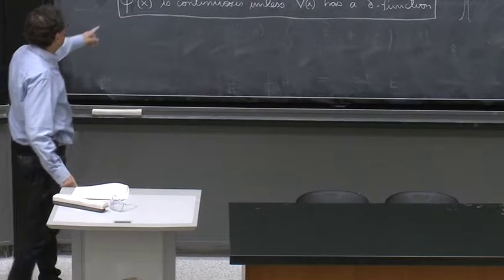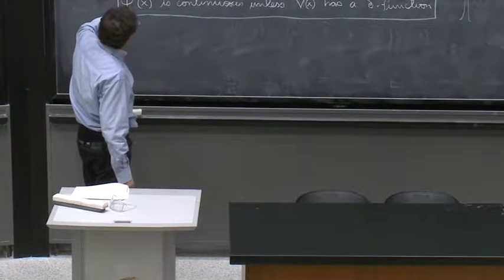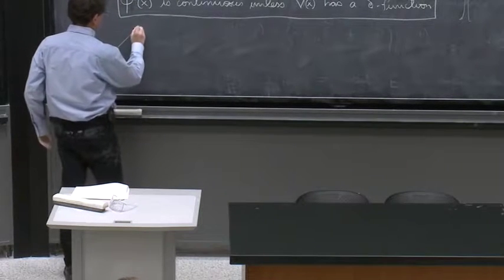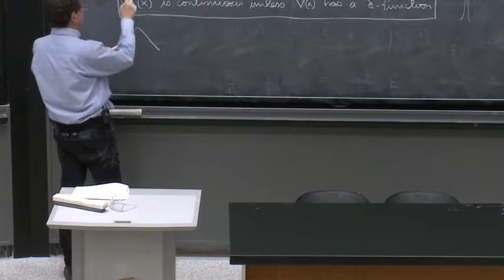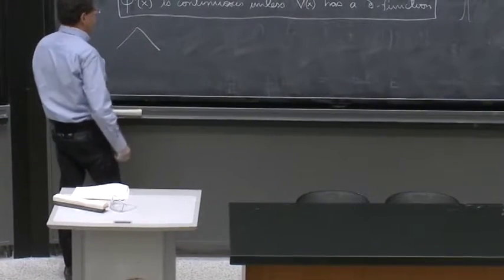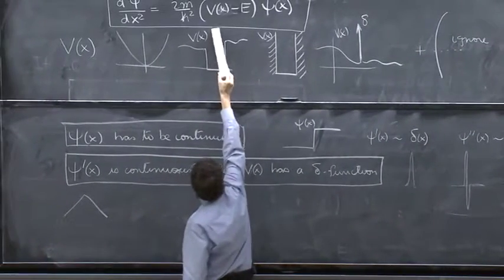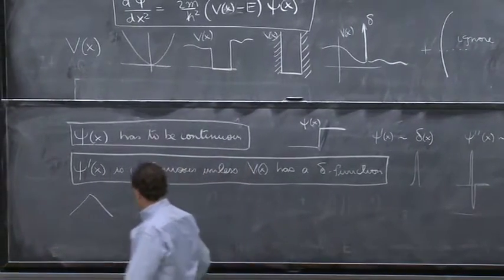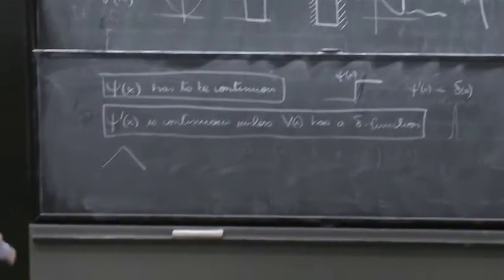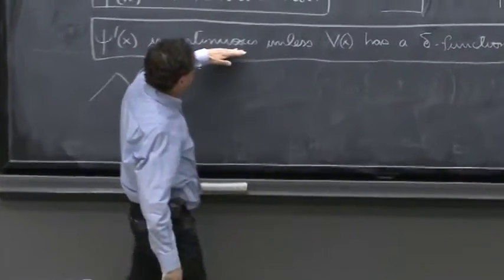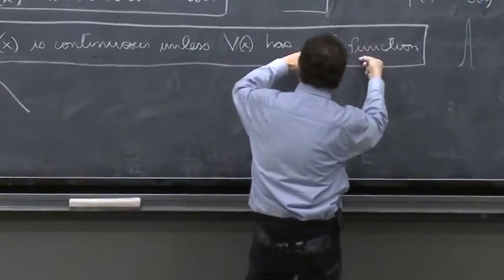So suppose psi prime is continuous, then there's no problem. If psi prime is continuous, the worst that can happen is that the second derivative is discontinuous. And the second derivative being discontinuous could happen with a potential that is discontinuous. So, no problem if psi prime is continuous. But psi prime can fail to be continuous if the potential has a delta function. Let's see that.